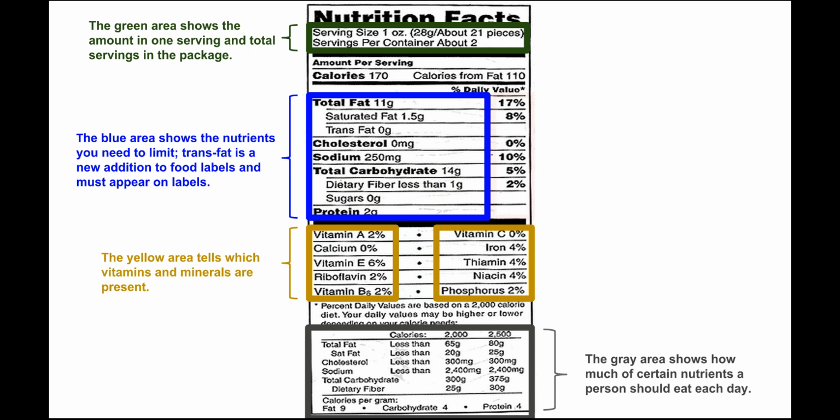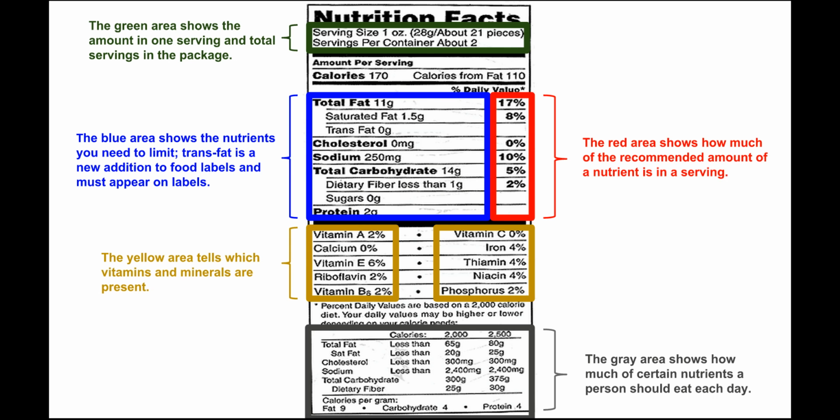The red area. The red area shows how much of the recommended amount of a nutrient is in a serving. For instance, we see total fat is listed at 17%. The purple area.